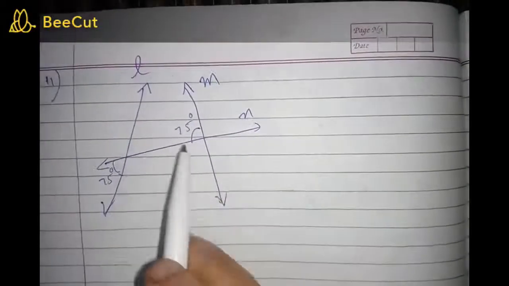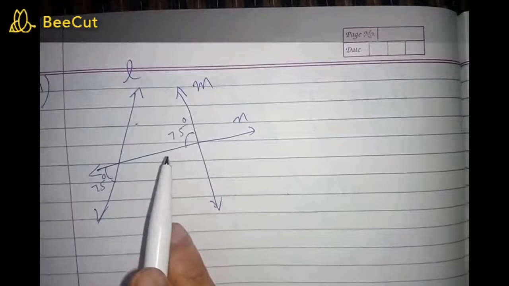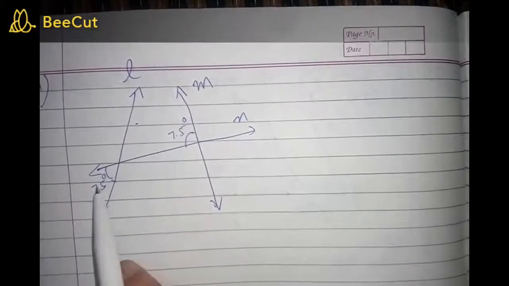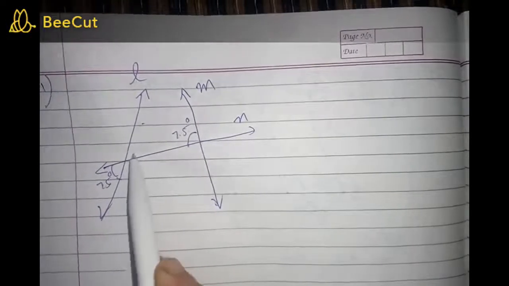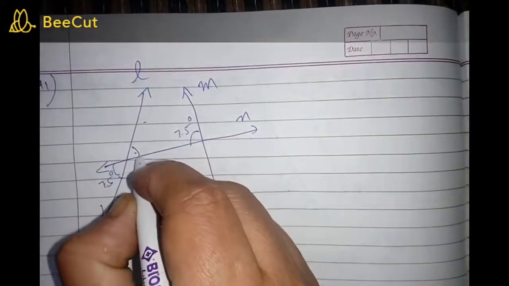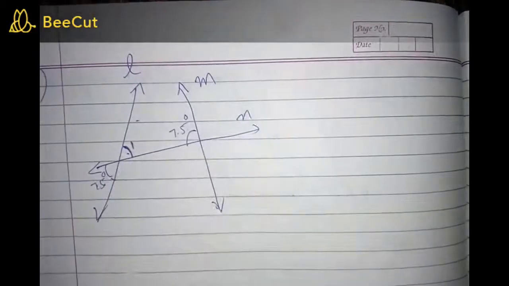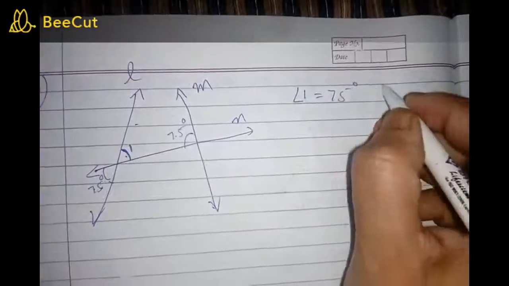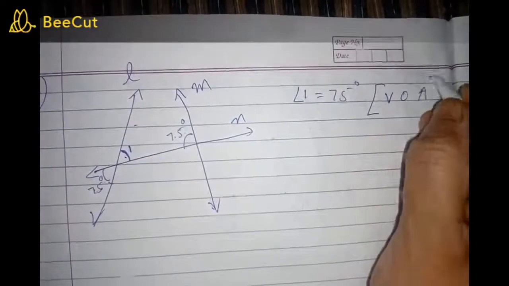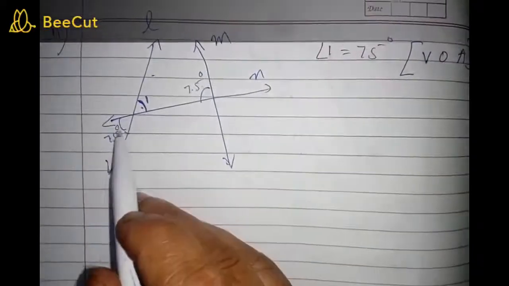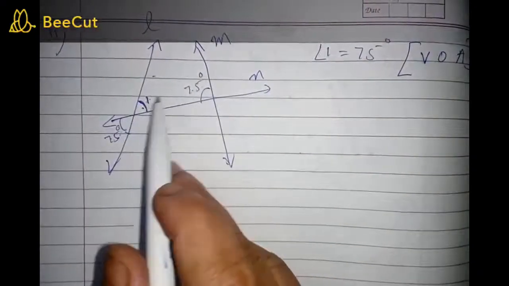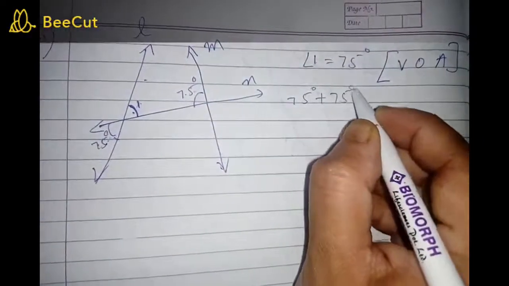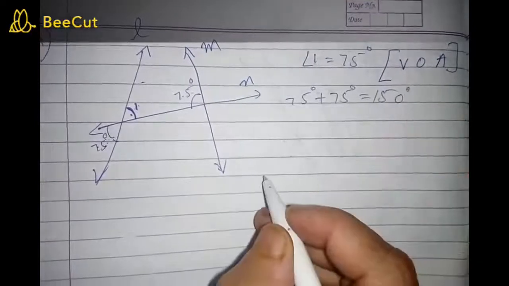Now second part, here also we have to show L is parallel to M or not. These have no relation. So first I am going to find this angle. Angle 1. So angle 1 is equal to 75 degrees. Why? Vertical opposite angles. Is it clear? This is vertical opposite. Now these two angles, 75 plus 75 degrees is equal to 150 degrees.